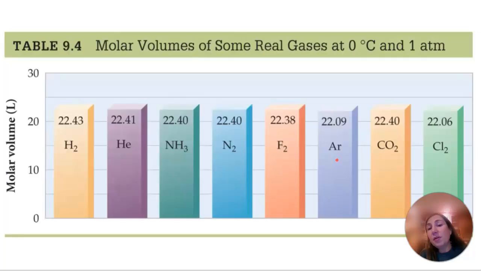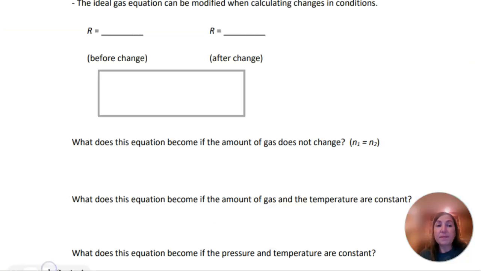Argon, 22.09, carbon dioxide, 22.4, again, great. Chlorine, 22.06. So we see a few that are a bit of an outlier, but this is a pretty good approximation, this idea of molar volume.